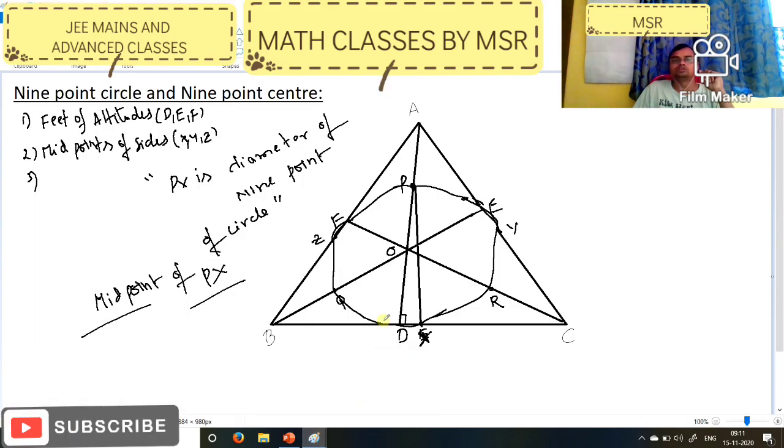So here N is the midpoint of the orthocenter and circumcenter. Already we proved that. From there only we can prove one more condition.